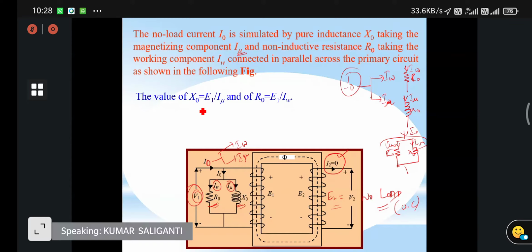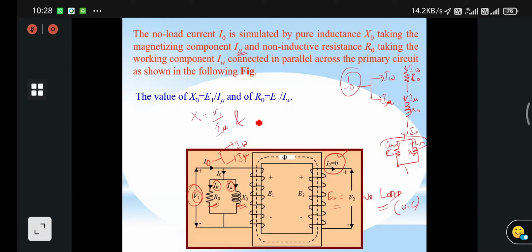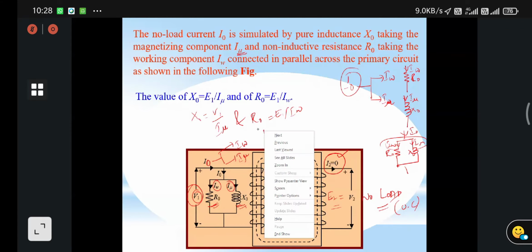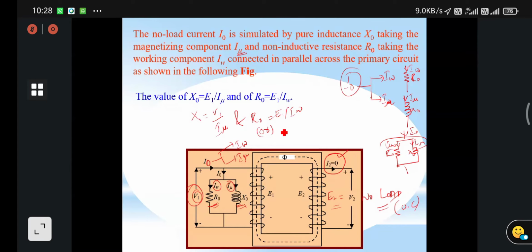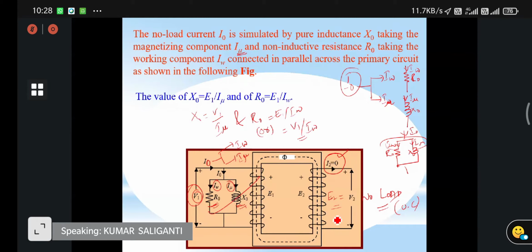The value of X naught is E1 by I mu, or V1 by I mu, and R naught is E1 by IW, or V1 by IW. This is the equivalent circuit of the transformer under no load condition.